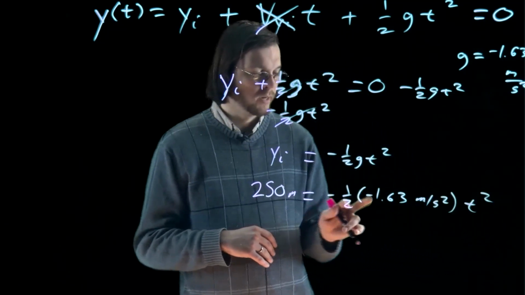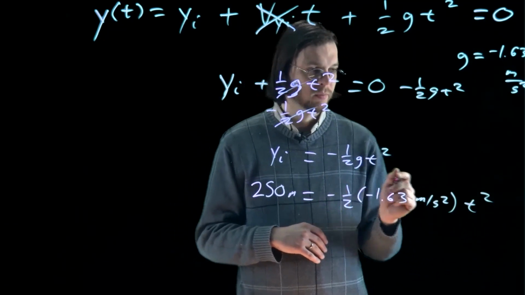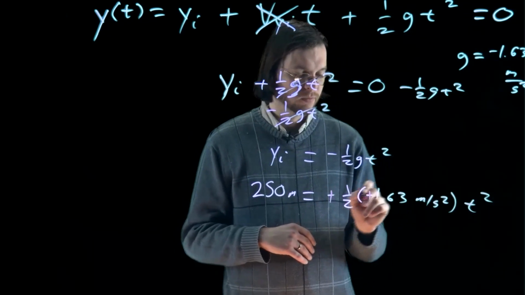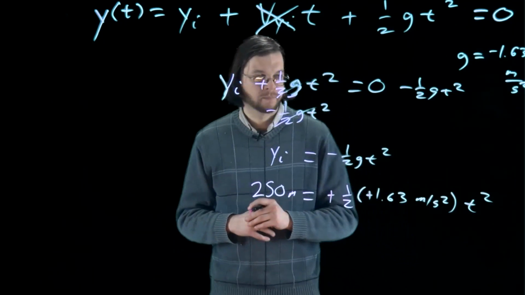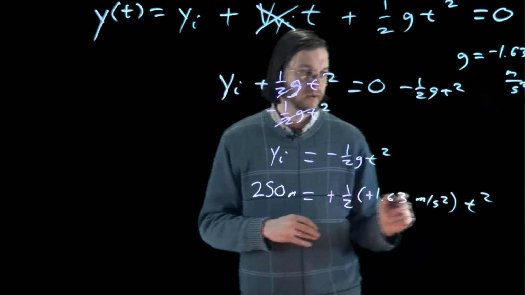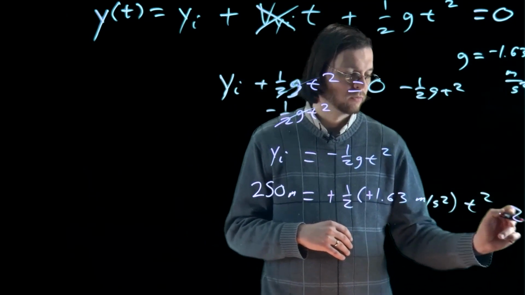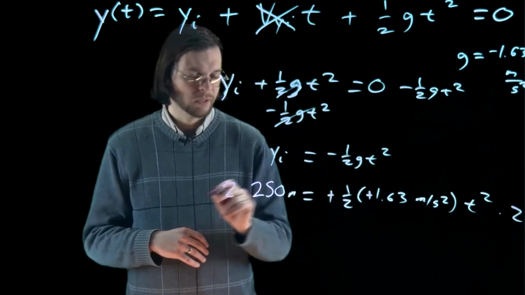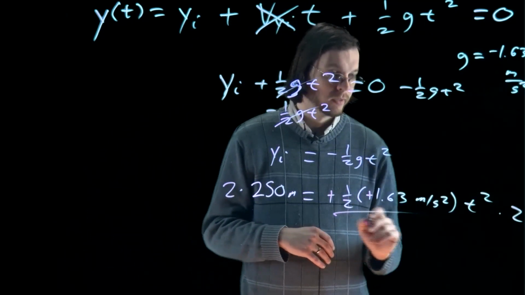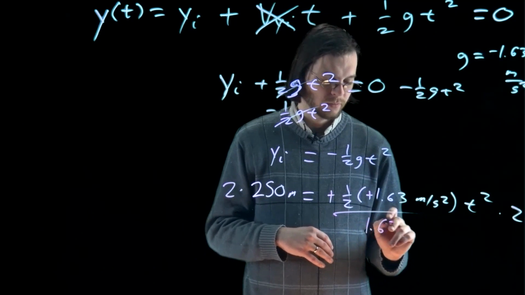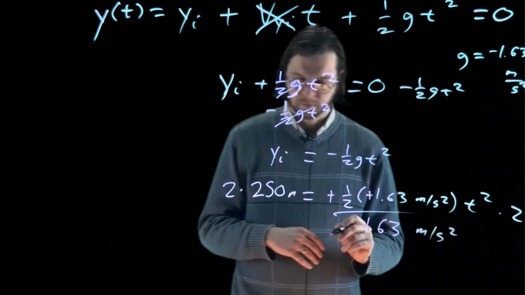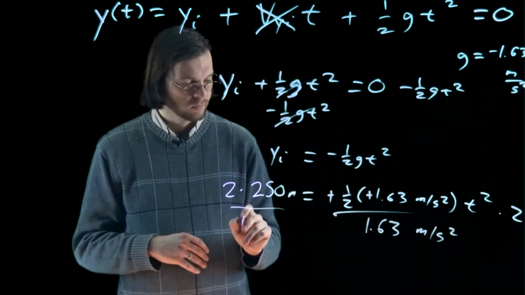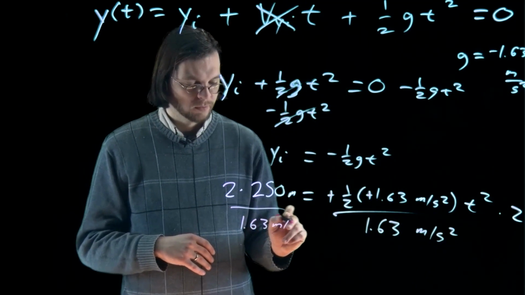But you notice that there's a minus minus, so minus 1 times minus 1 is plus 1, so that turns into a plus. And now I can try to solve for t by multiplying both sides by 2, then dividing both sides by 1.63 meters per second squared.